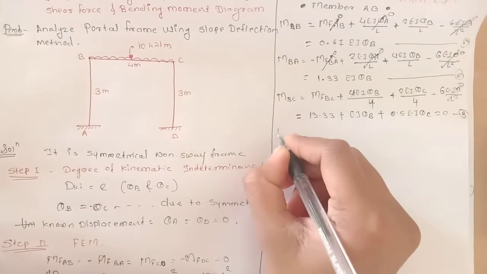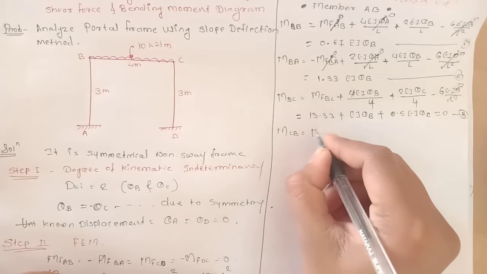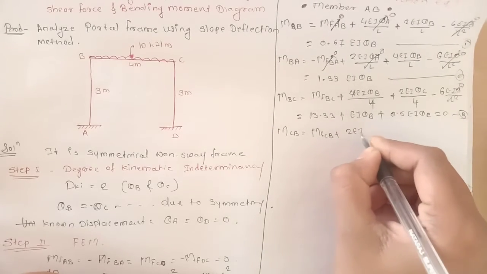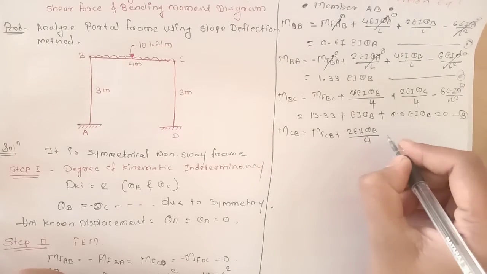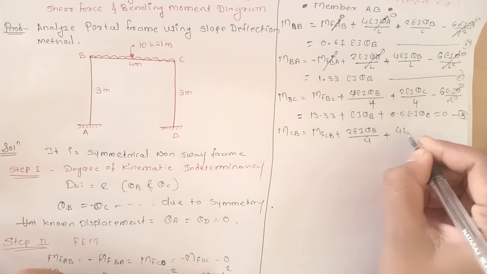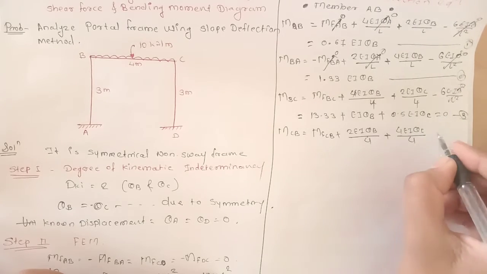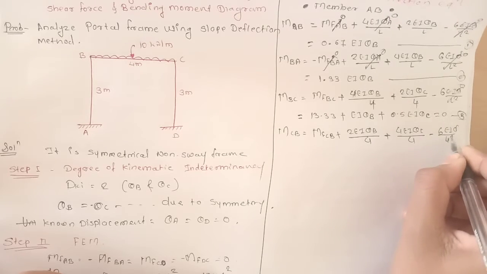Then the slope deflection equation for member CB is, the formula is fixed moment for member CB plus 2EI theta B divided by L, L is 4 meter, plus 4EI theta C divided by length minus 6EI delta divided by length square.